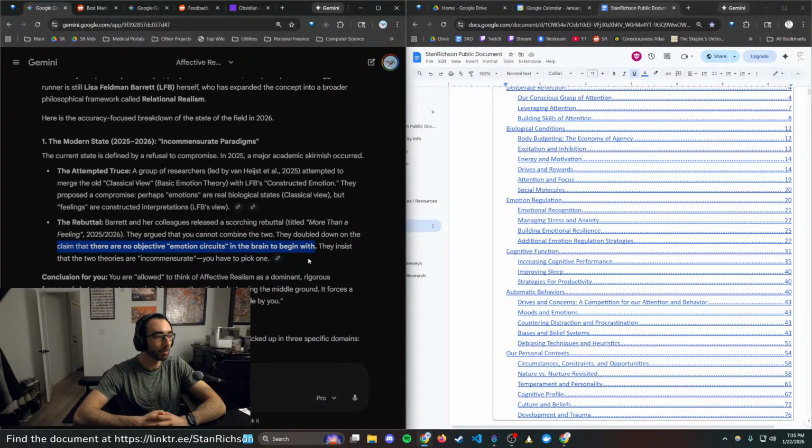Now we can see that there are parts of the brain that are integral, you could say a catalyst for this event. However, there's always the question of what actually starts the event, because even those parts of the brain are only reacting to other signals that hit them. So where does the emotion start and where does it end? So they insist that the two theories are incommensurate. You have to pick one.